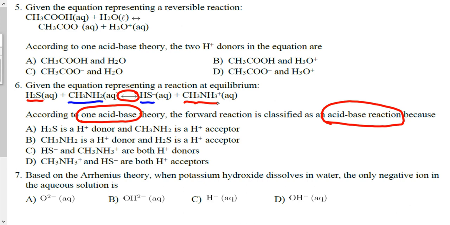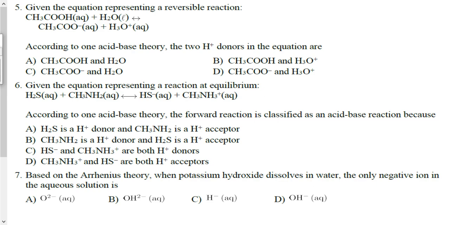So this is the reason it's an acid-base reaction, because one of them is donating the proton while the other one is accepting the proton. And therefore, option A would make more sense, where H2S is a proton donor, while CH3NH2 is a proton acceptor.